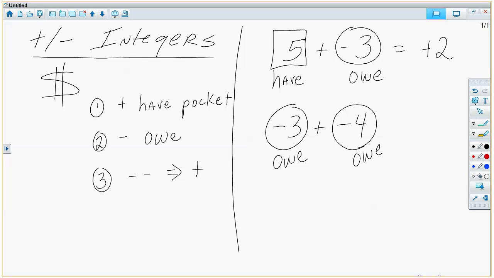Don't sit there and say, oh, I have $7, be positive 7. What world do you live in? If you owe Visa $200 and you owe MasterCard $400, you don't have $700 in your pocket, or $600, whatever I said. You owe Visa and MasterCard. If you owe somebody $3 and you owe somebody $4, you owe what? $7.